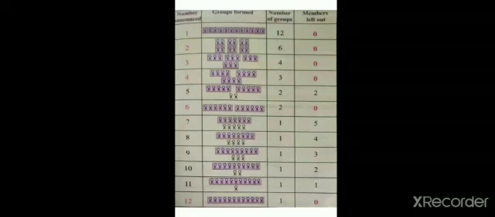In the third way we have 4 groups and no one is left out. In the fourth way we have 3 groups and no one is left out. Also in the sixth way we have 2 groups and no one is left out. And in the 12th way we have 1 group and no one is left out.